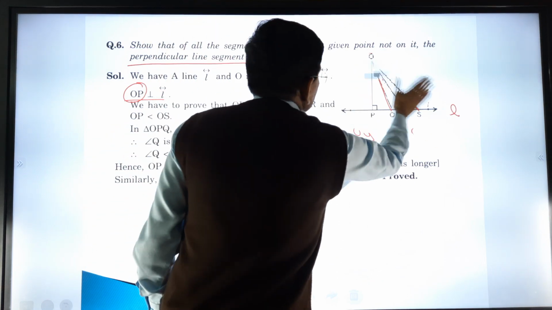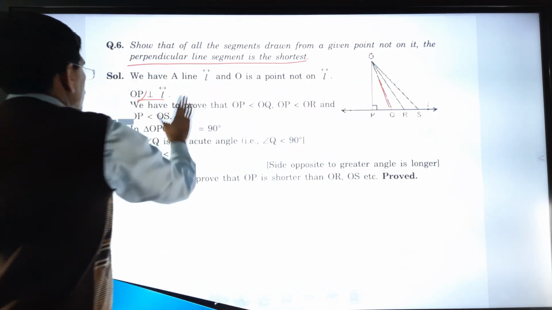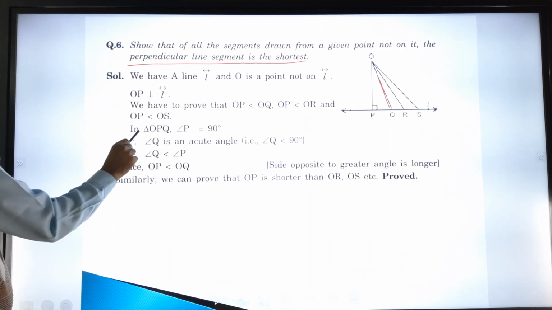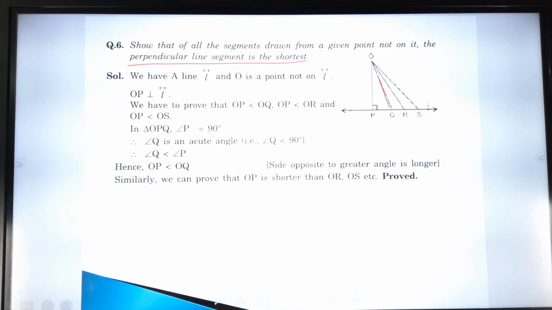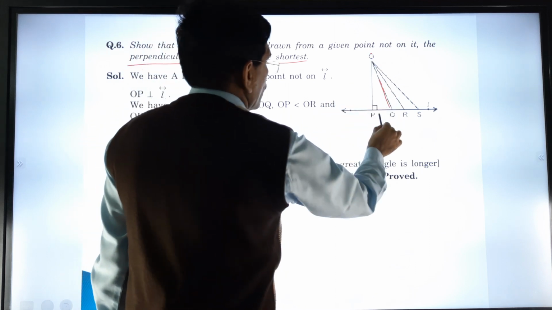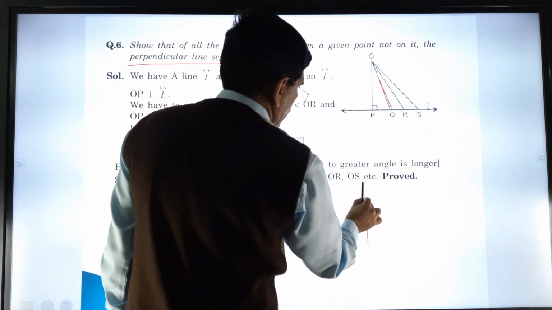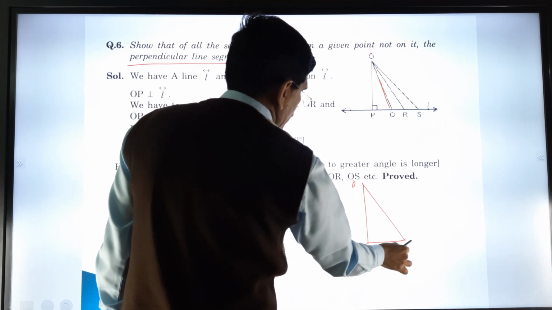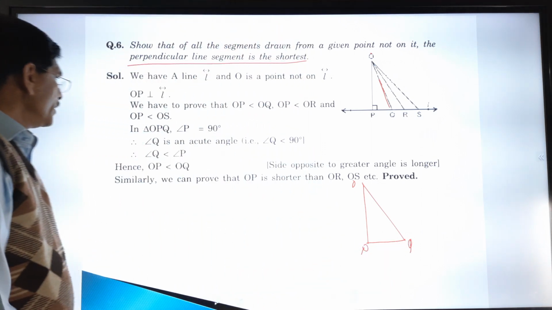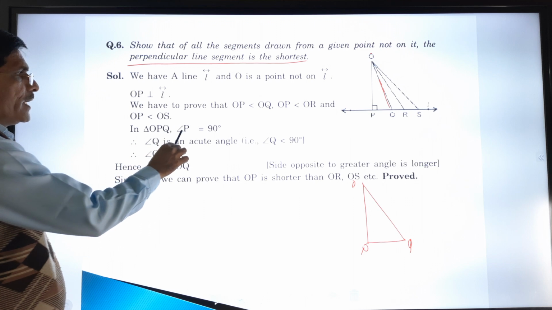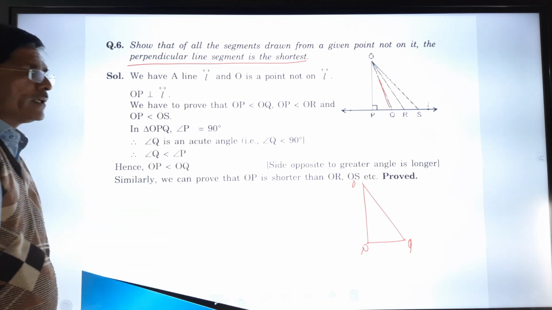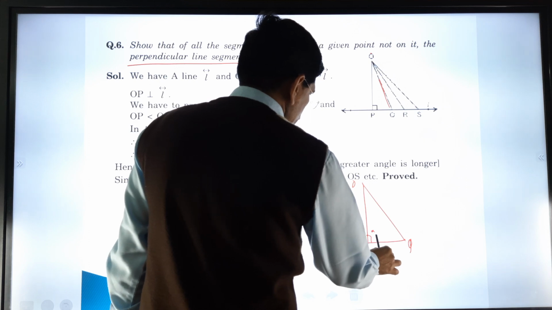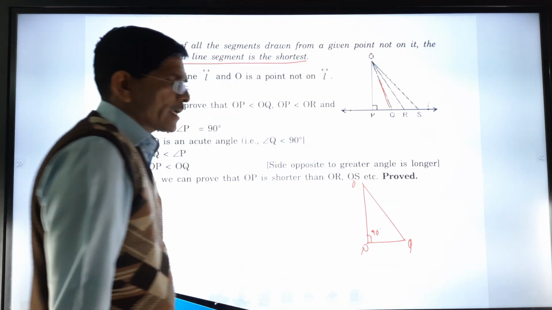So let me now prove. First, we draw triangle OPQ. In it, angle P is 90 degrees and Q is an acute angle.